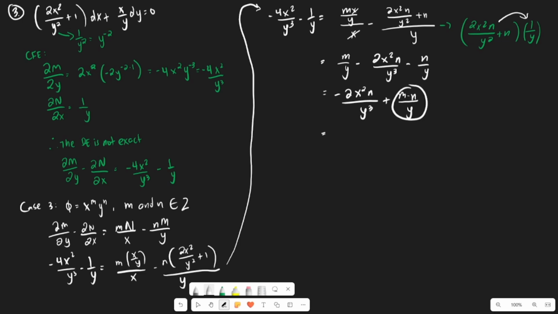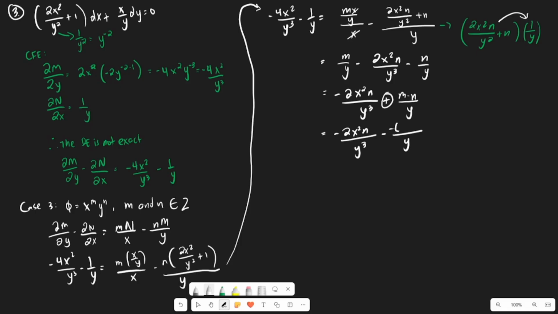Now let's observe this one. They have the same denominators, but they don't have this minus sign right here. So in order for me to make that minus sign appear, I should multiply a minus sign and another minus sign, so that this is equal to just the positive.